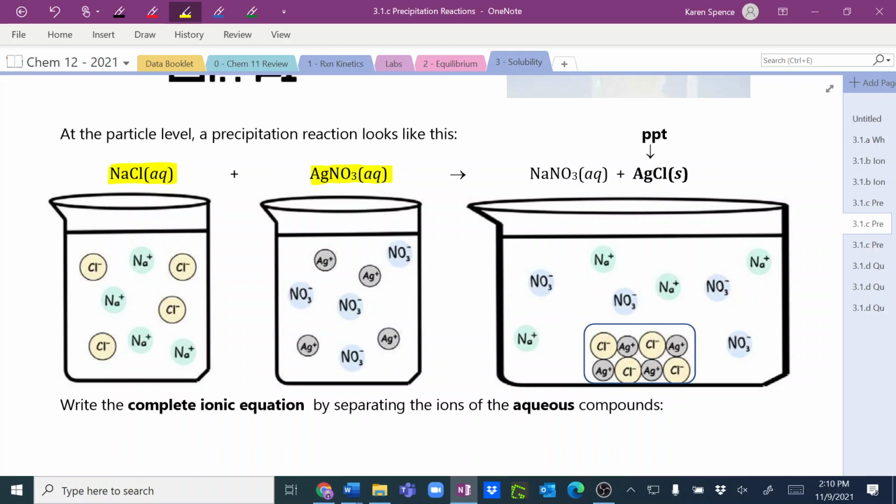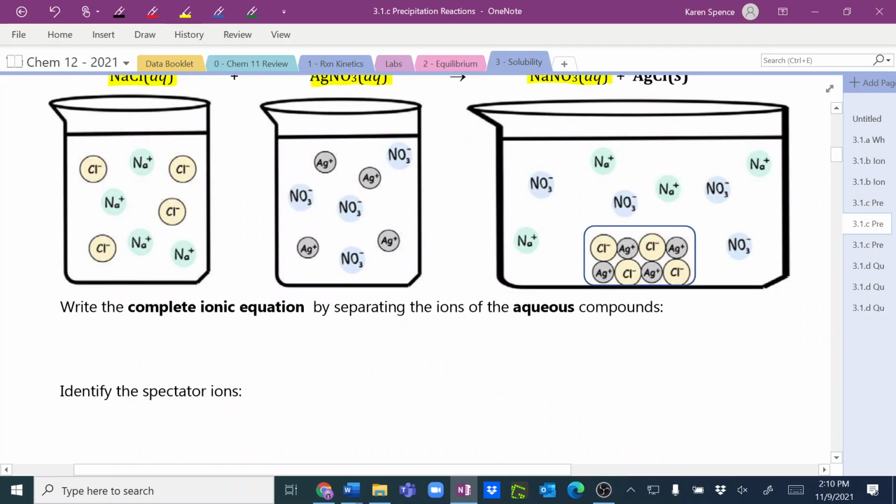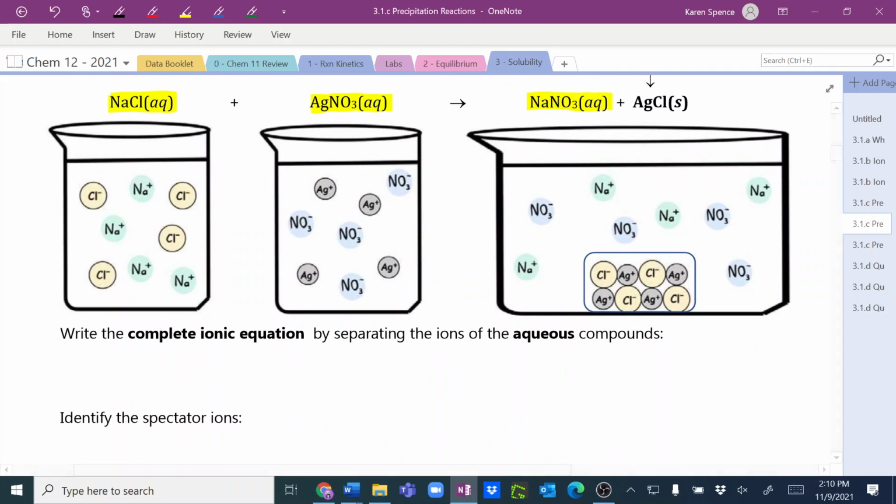So you guys are going to see if you can remember how to write the complete ionic equation. You can use the picture to help you. So this is the complete ionic equation, and you do that by separating the ions of the aqueous compounds.